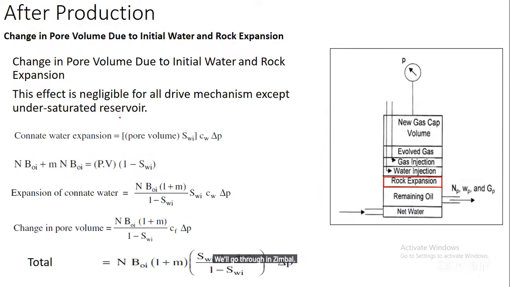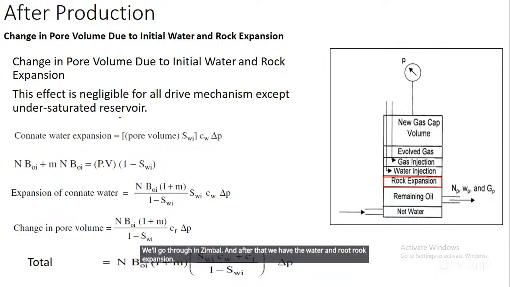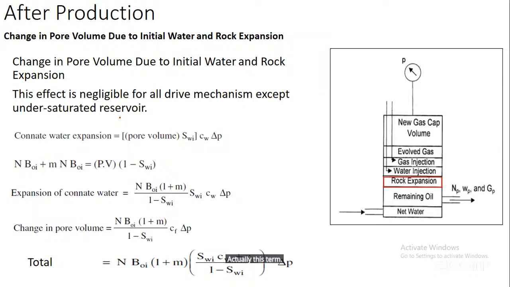And after that, we have the water and rock expansion. Actually, this term is very important when you have an undersaturated reservoir. But after getting below the bubble point, or if you have a water flood, or you have an aquifer support or a gas cap, this term is completely neglected as its value is minimal compared to the others.